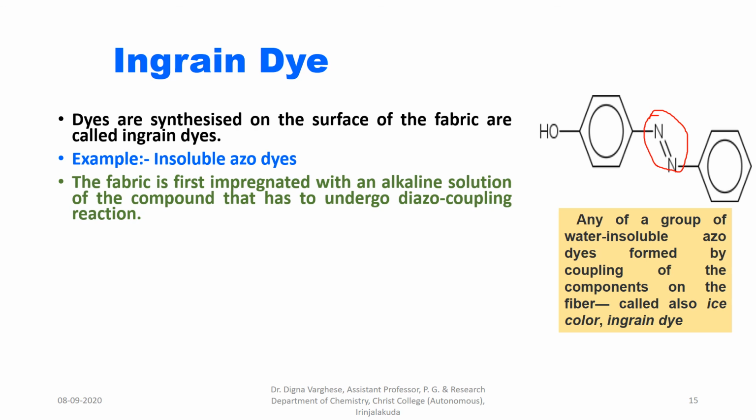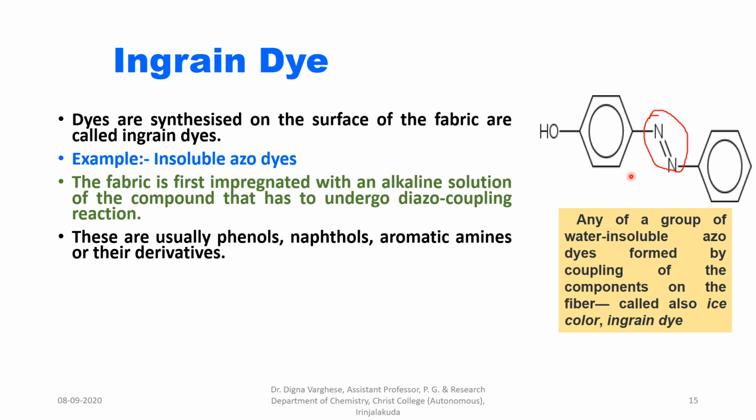The fabric is first impregnated with an alkaline solution of the compound that has to undergo the diazo coupling reaction. Here the azo compound is formed by the diazo coupling reaction. These are usually phenols, naphthols, aromatic amines or their derivatives.